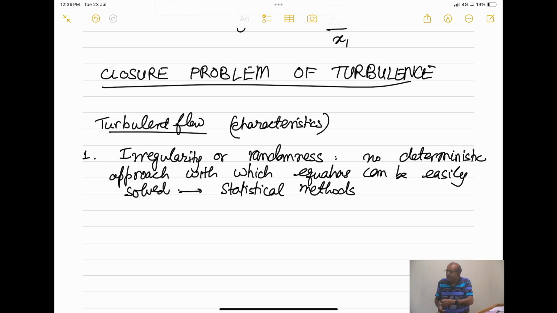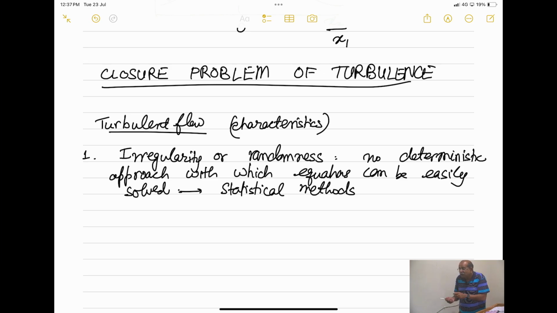That means you take a Fourier transform, write the equations in the wave number domain instead of x, y, z. So everything is converted to ordinary differential equations for the coefficients. And you solve for those coefficients, which will be thousands in number, and then get the solution from those. That is what one does in DNS.